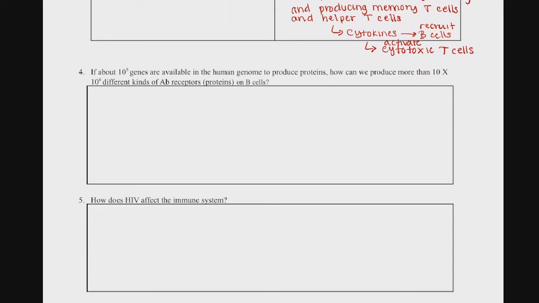Yes, the cytotoxic T cells. So, sorry, the cytotoxic T cells are already there. The only thing that the helper T cells produce are those cytokines. I know cytokines and cytotoxic is hard, but the helper T cells produce cytokines.